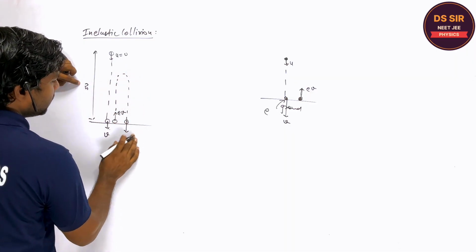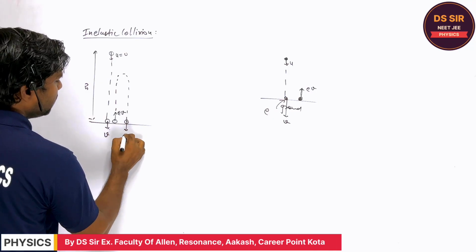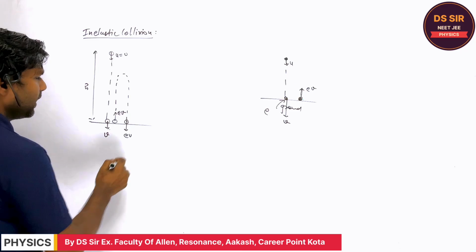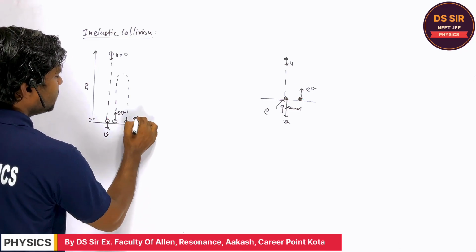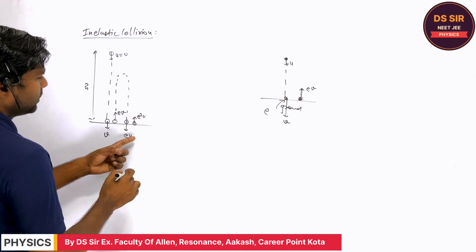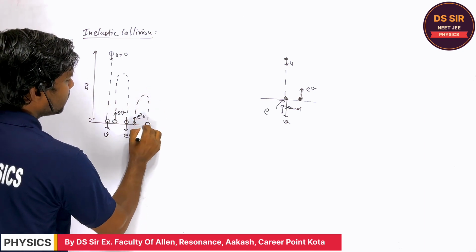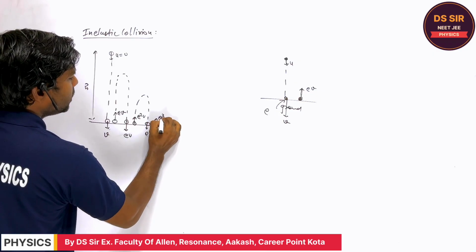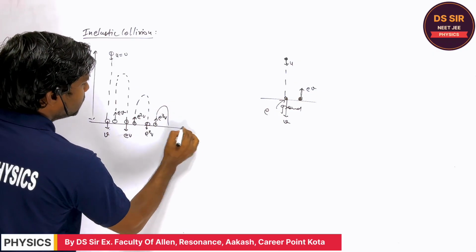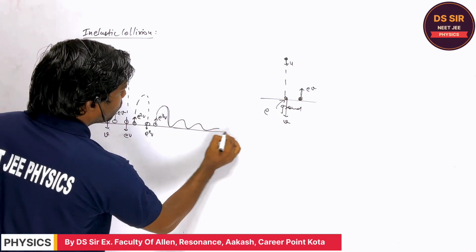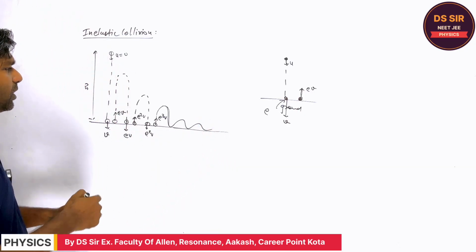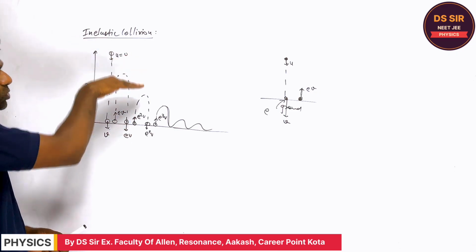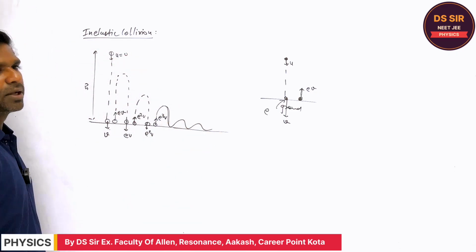When it hits again, it will hit with ev and rebound with the speed e square v. Then it will hit again with e square v, and then it rebounds with e cube v. So in this way it will continue to move. If it is dropped, it will bounce, rebound, and finally come to rest.